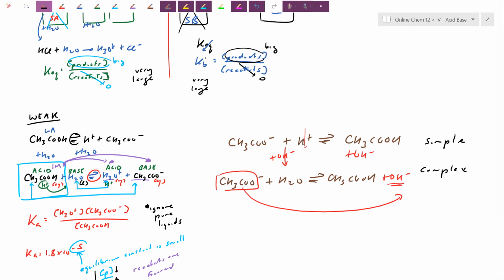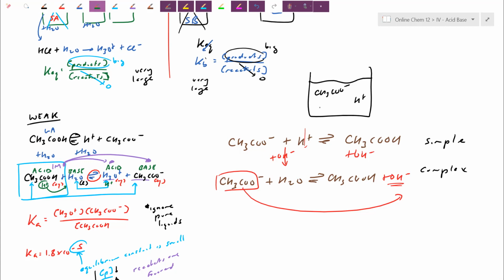Remember, just a little bit more background on this. Effectively, what's happening here is we have acetate in solution, CH3COO minus. It is going to pick up a proton, but like we said, the amount of protons in solution at 25 degrees is really, really low. The Kw is actually really tiny. The acetate is not going to find H+ as easily.